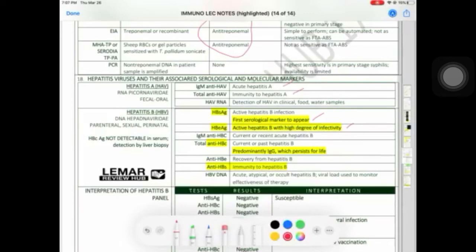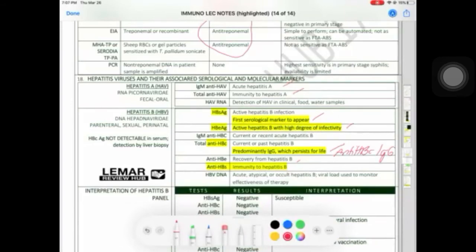Marker of recovery, anti-HBe. At huwag kakalimutan, lifelong marker of Hep B virus infection, anti-HBc IgG antibody. And another, past infection, immunization, anti-HBs.